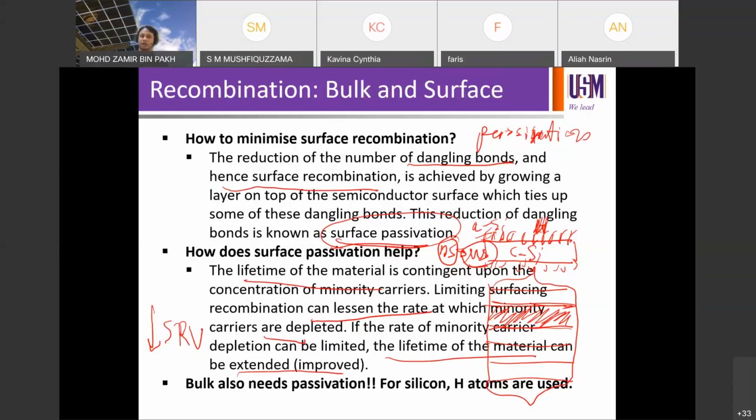That means your lifetime has improved due to the presence of passivation. Not only the surfaces, the front side and rear side, since defects can also be present in the bulk, the bulk also needs to be passivated. That's why we need bulk passivation, and this is typically done by hydrogen in the silicon process.